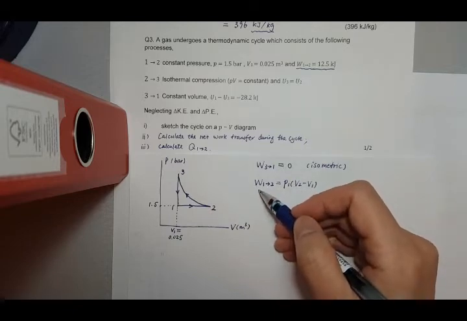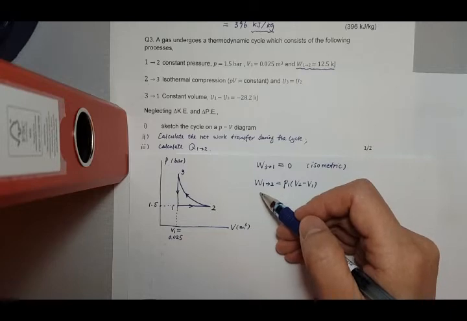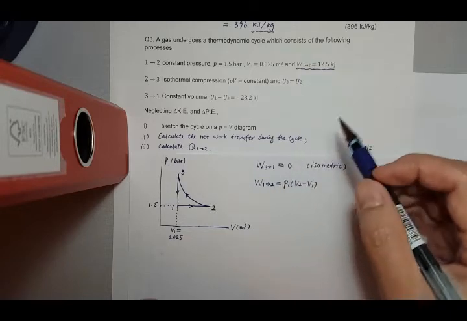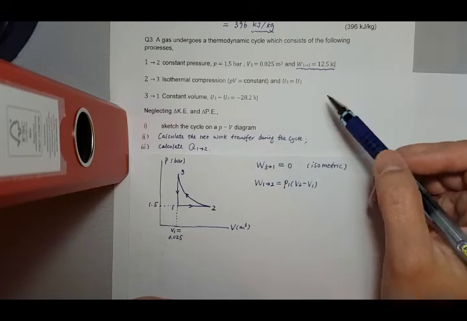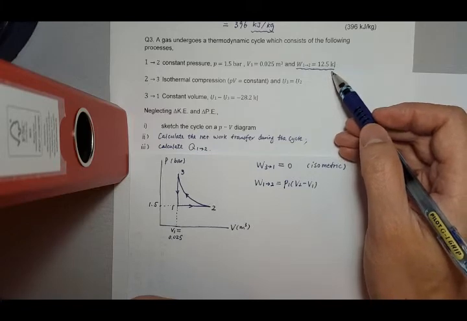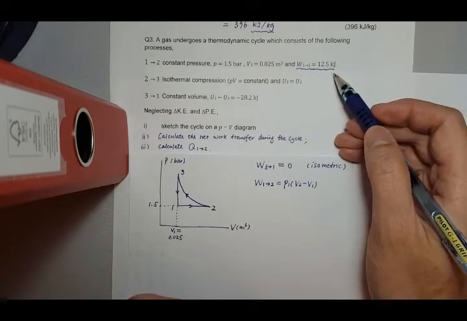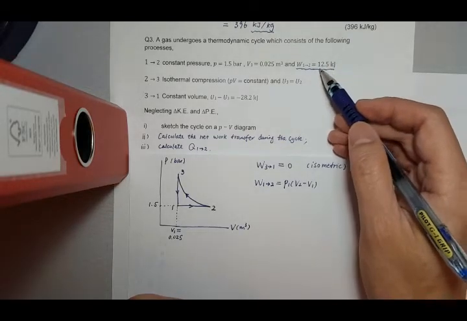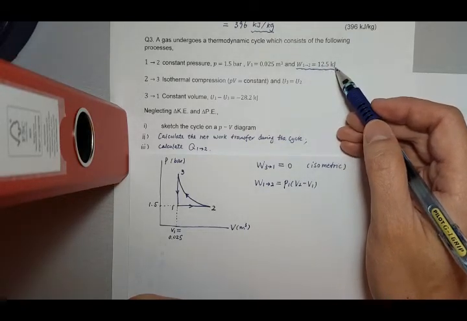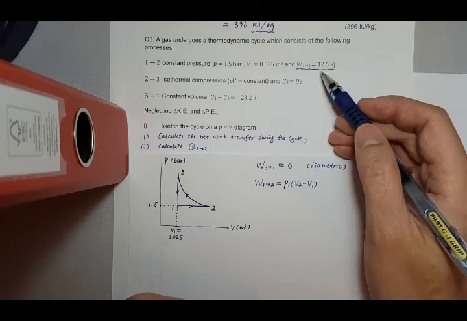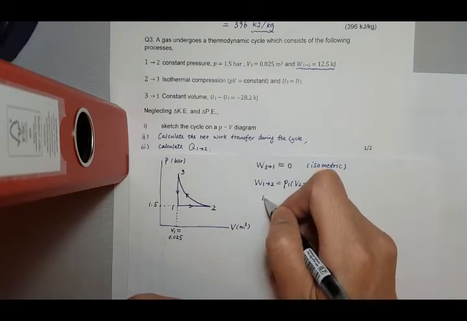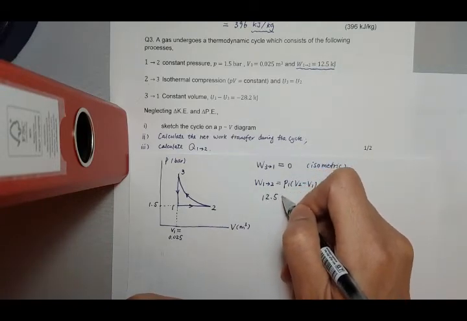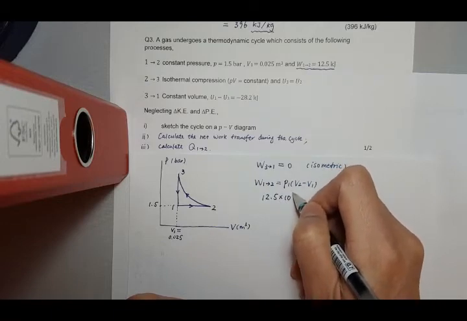For the work done, the SI base unit for work is joule, but quite often we use kilojoule, because the joule is too small a unit. So if we want to use this figure here, we're going to convert kilojoule to joule, the SI base unit for work. So on the left hand side we have 12.5, so we need to times 1000.